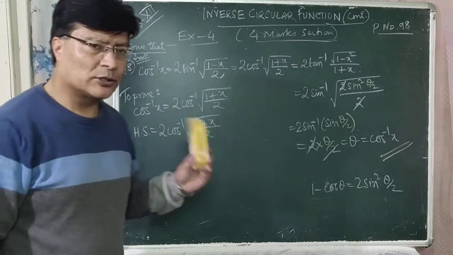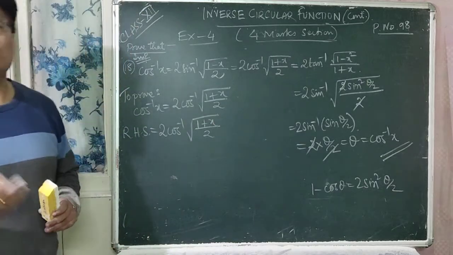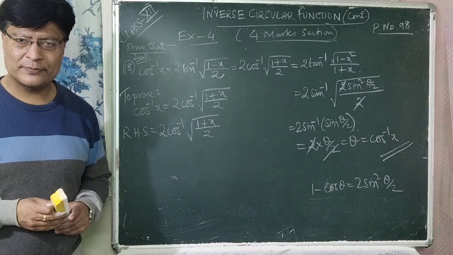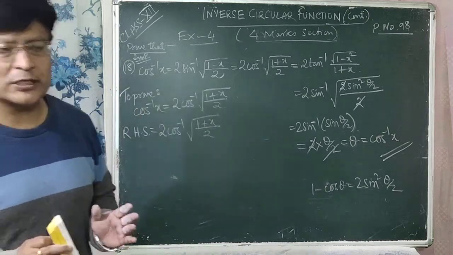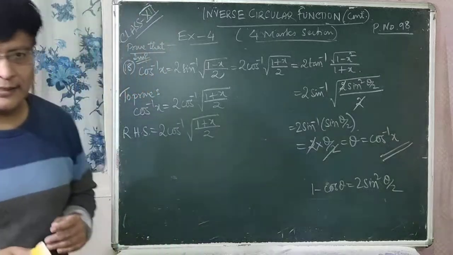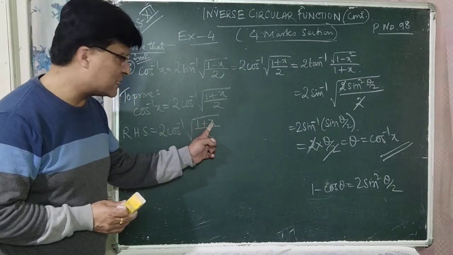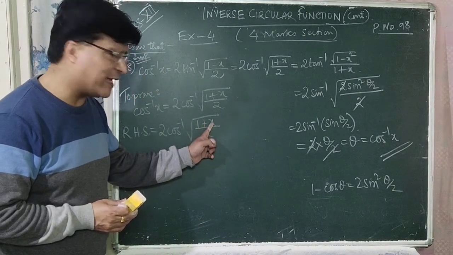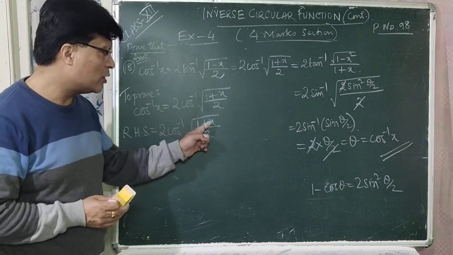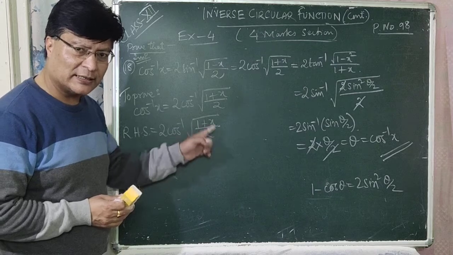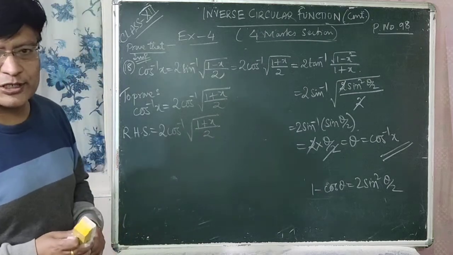Right? So now here also you should do the trigonometric substitution method. The trigonometric substitution method should be done out here to make it more easier. Right? So 1 plus x is there. So what will you put for x? Since you have to prove cos inverse x, here also you put x is equal to cos theta. This will be 1 plus cos theta.